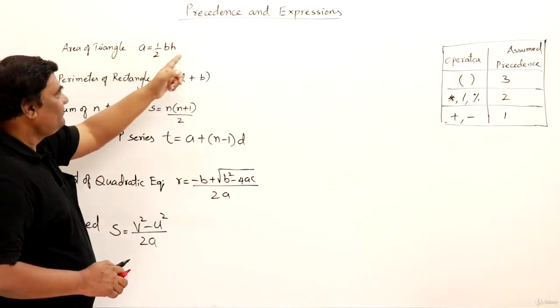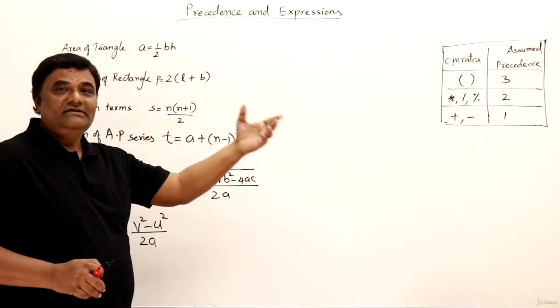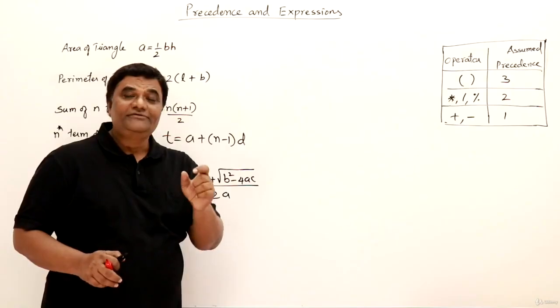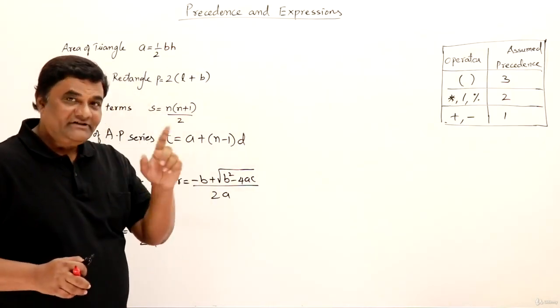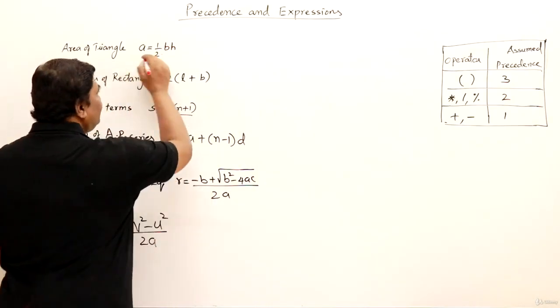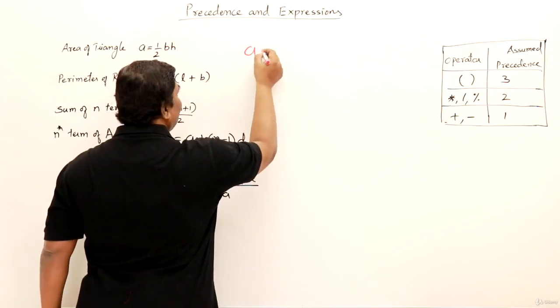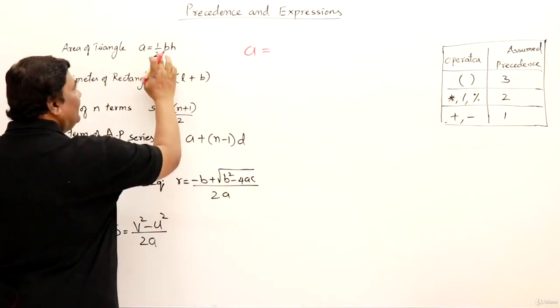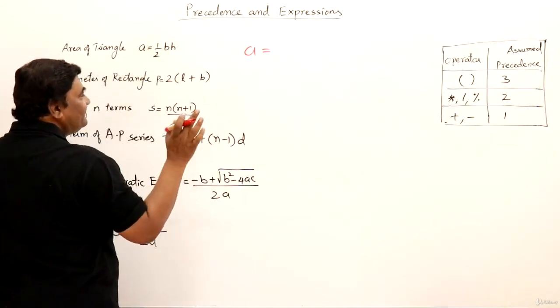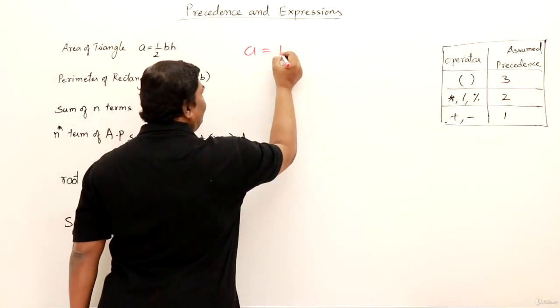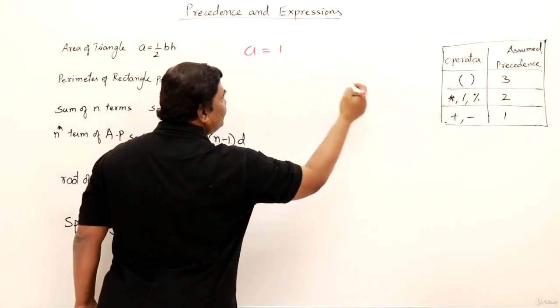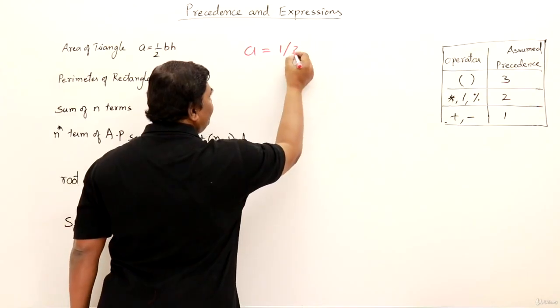Area is half into base into height. How to write this in a C++ program if you are using this formula? So the expression should be written like this. A is assigned half. You cannot write it like this. See, if I write half, then division means that slash, then 2.